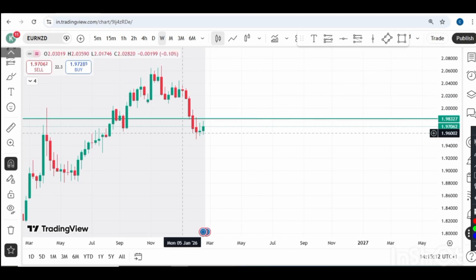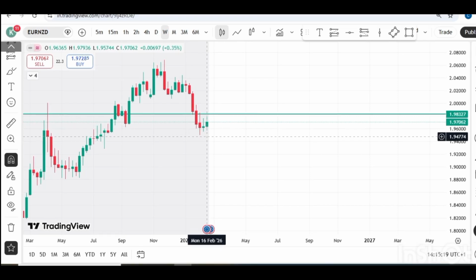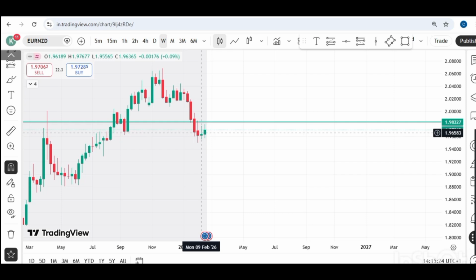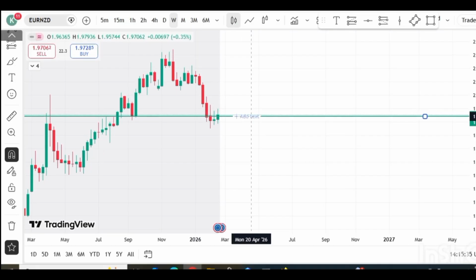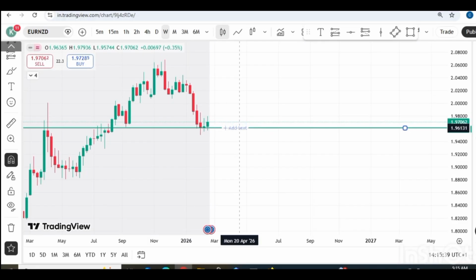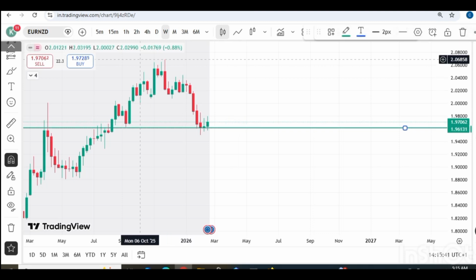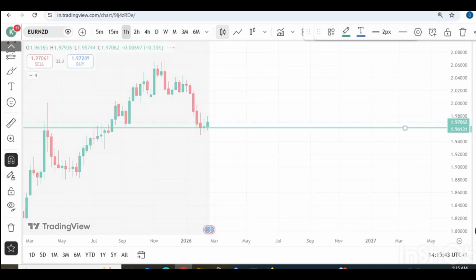So we had an inside day that was formed last week, and an inside day is a sign of either exhaustion or reversal. It's either price wants to rest and continue the trade, or it wants to change the trend entirely. So you can see that price this week reacted at the closing price of this inside day. So this was where price reacted and then took me out with that big candle.